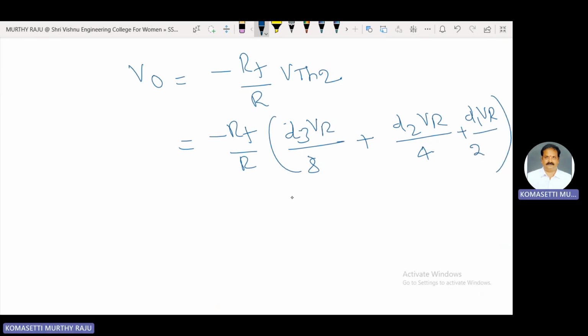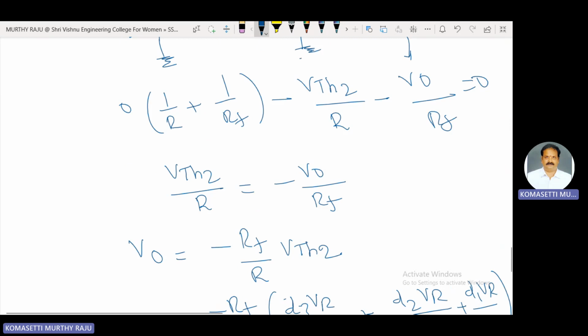That is equal to minus RF by R into D3 VR by 8 plus D2 VR by 4 plus D1 VR by 2. VR is the common term: minus RF VR by R.